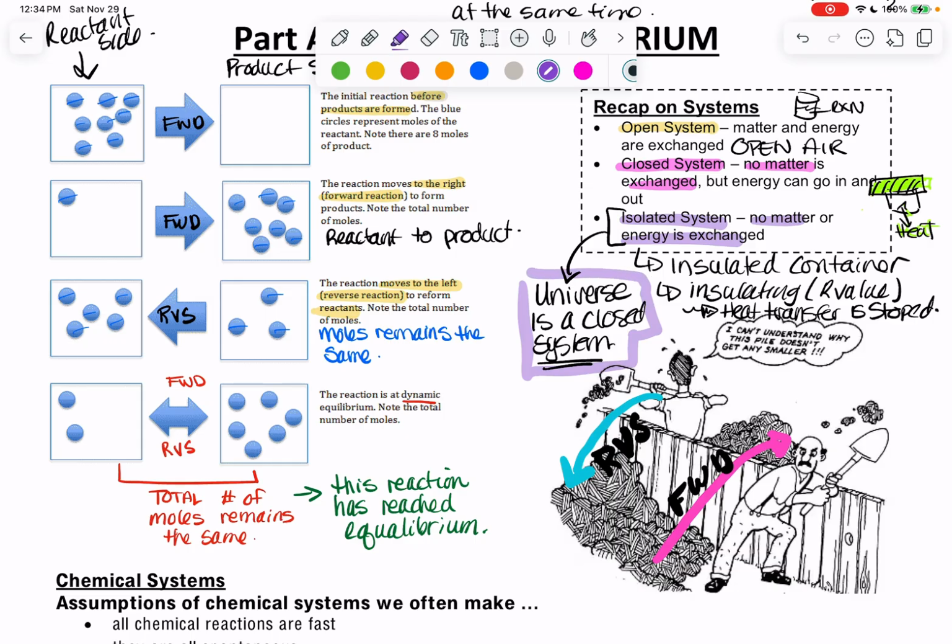But like I said, the best that we can come up with on Earth is an insulated container, which means like a thermos.